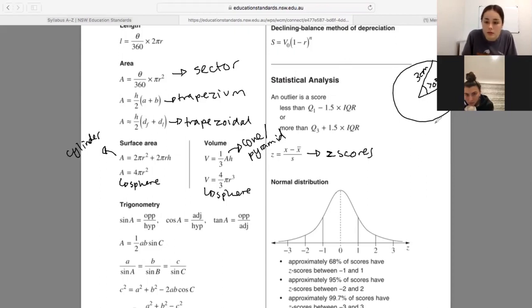And so the formula for that one would be 70 on 360 times pi times 3 squared, of that sector. So if it said find the area of the sector below, then you just use that one. Okay, is there any more? Am I missing any? Okay, the length.